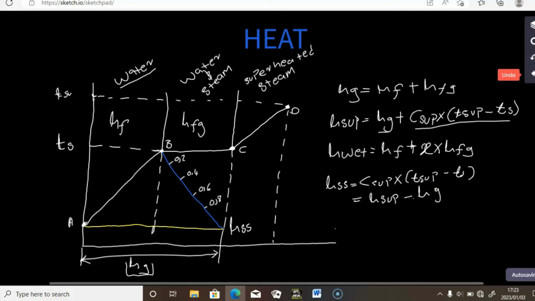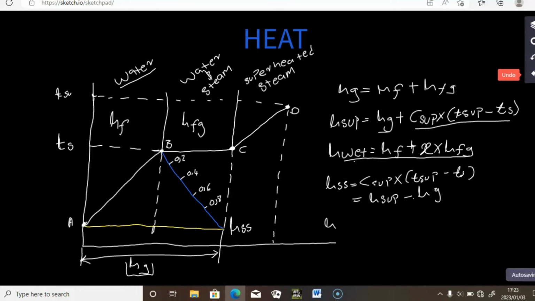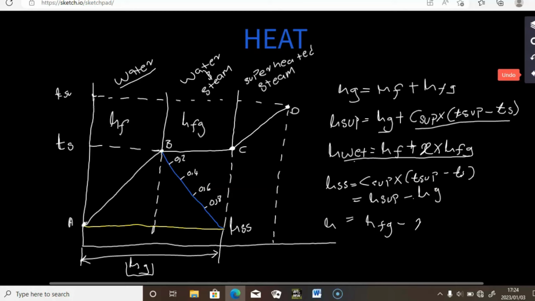So another formula that we will need to know is, if they are asking us that from the wet steam that we have, how much energy will we need to dry the steam, we are going to use this formula that says HFG minus X HFG.